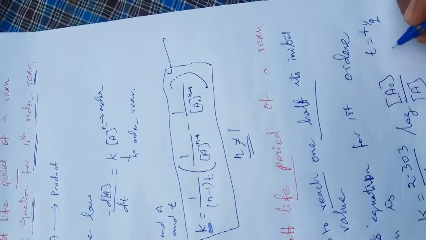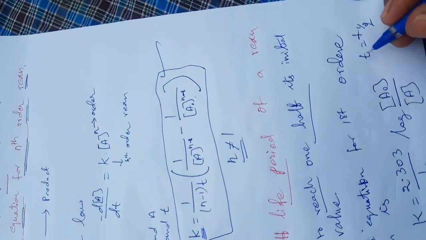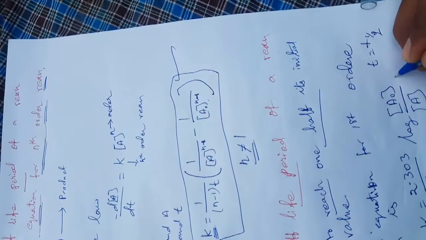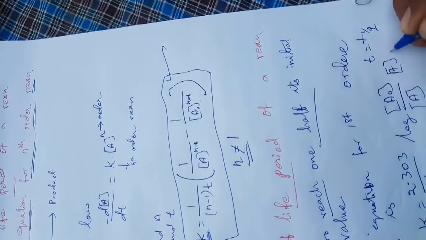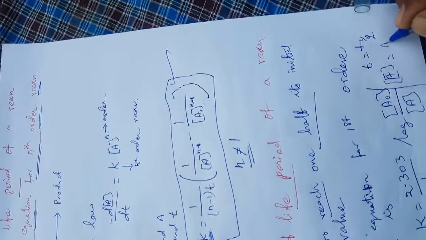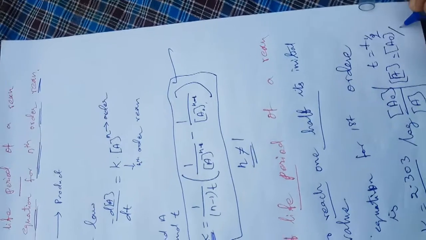So T equals T half, and the concentration of the reactant becomes half automatically, A equal to A naught divided by 2.